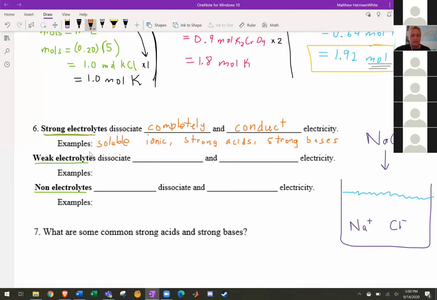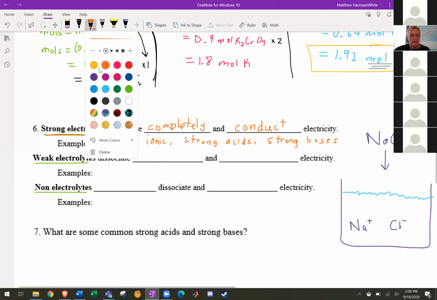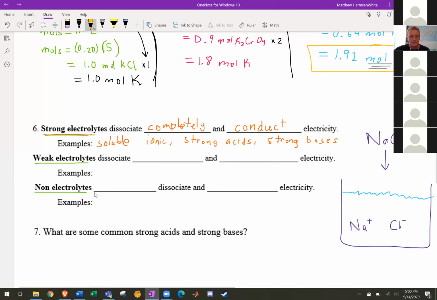Now, on the other end of the spectrum is a non-electrolyte. A non-electrolyte is something that does not dissociate, and these also don't conduct electricity.